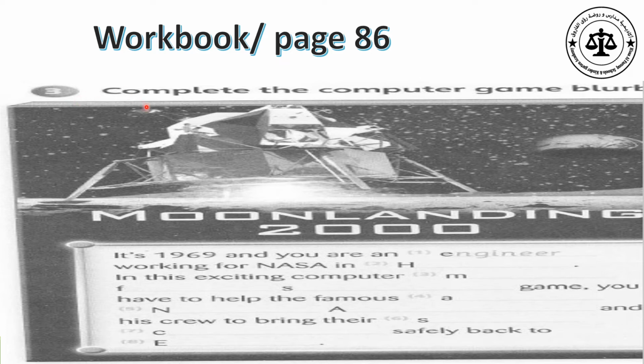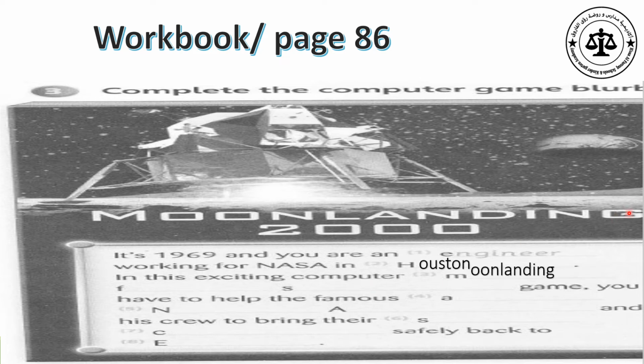Exercise 3. Complete the computer games blurb. Moon Landing 2000. It's 1969 and you are an engineer working for NASA in what? Excellent, in Houston. In this exciting computer, what?